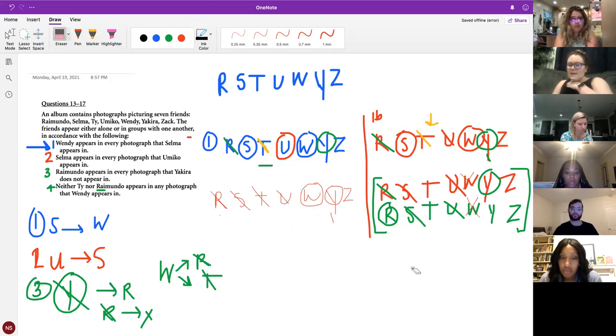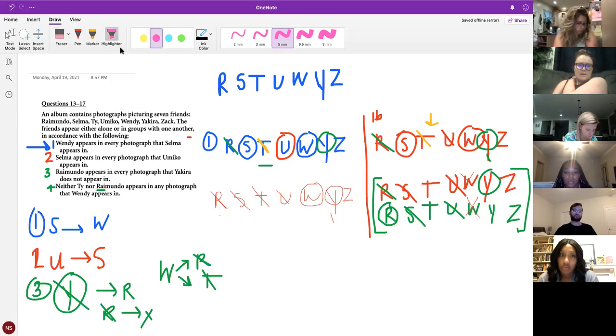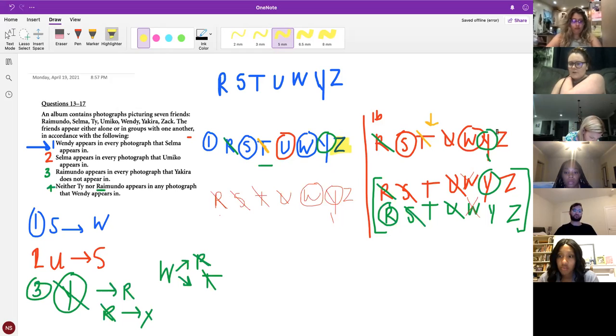And then on the right side, I don't know anything. So I'm going to go ahead and just maybe highlight the letters that we don't know anything about, just for an example. So these ones, the ones that we don't have crossed off or in are just floaters. So they could be in or out.